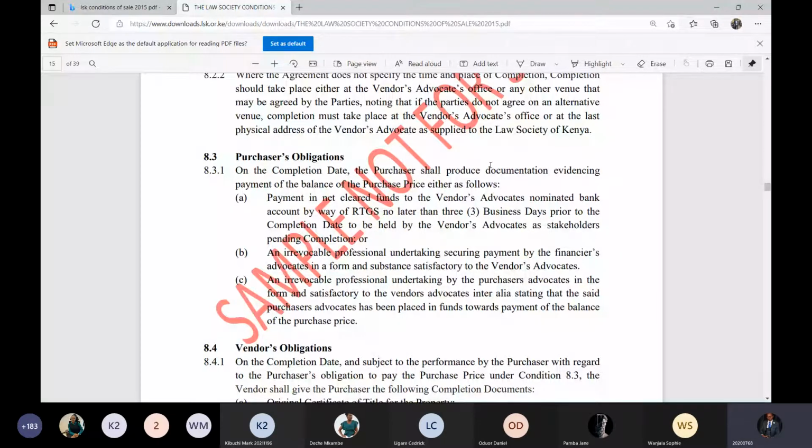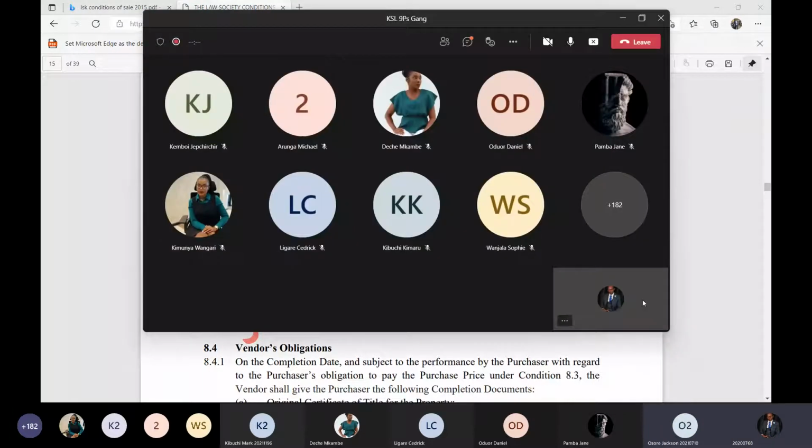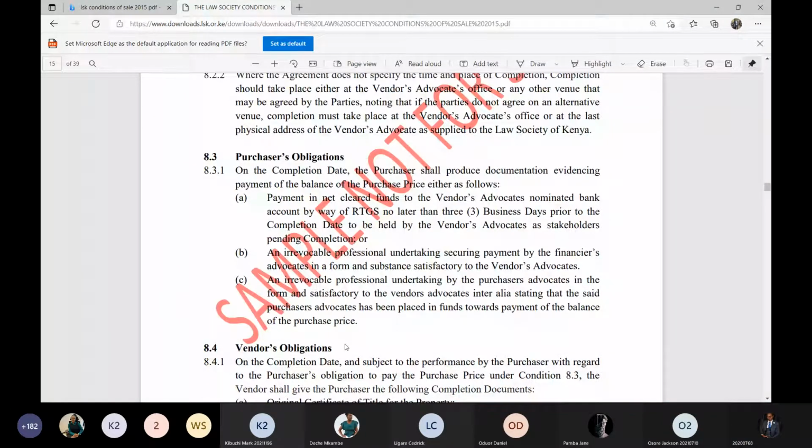A professional undertaking will be issued by the financier's advocates to the vendor's advocates, saying that within a certain number of days of the registration of the transfer in the name of the purchaser and the registration of the charge, that is when they will release the funds.